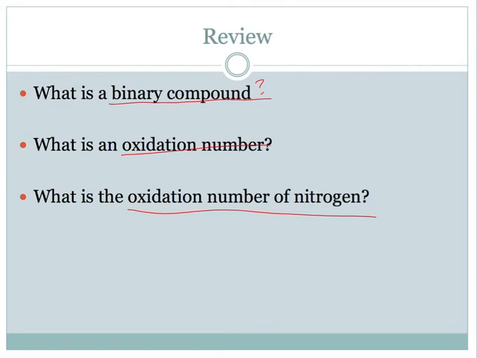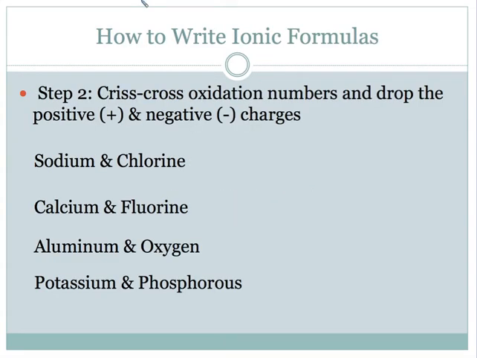All right, moving on. Step 2, writing ionic formulas. You're going to crisscross your oxidation numbers and drop the positive and negative charges. Okay, what does that mean? So if I have sodium and chlorine, I'm going to write my chemical symbols. I have Na and I have Cl. I write my oxidation numbers at the top. That was step 1.